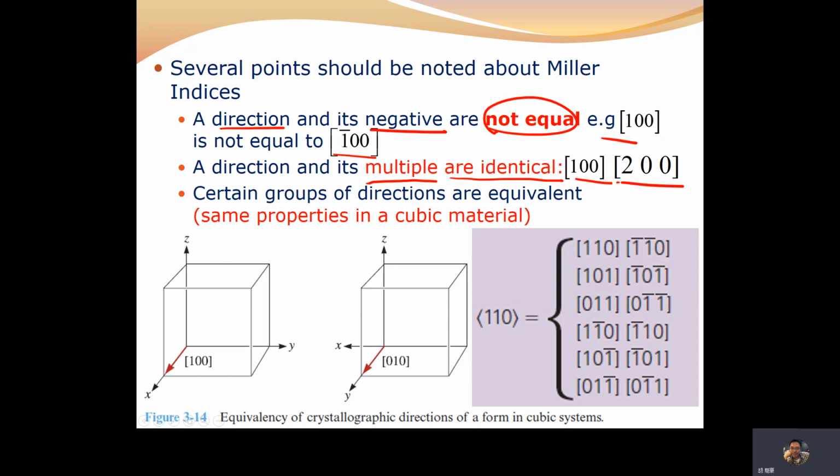And certain groups of directions are equivalent. In cubic materials, we can define the 111 family of directions. Twelve directions in a cubic system belong to the 111 family.